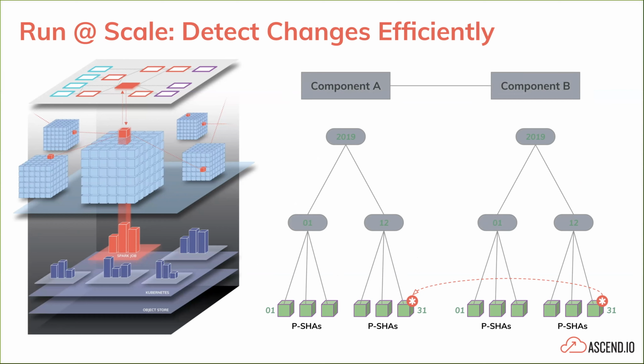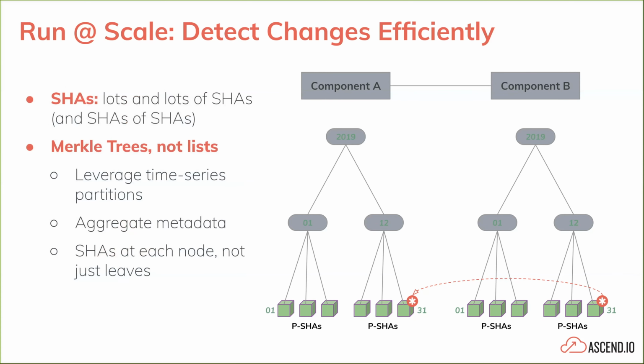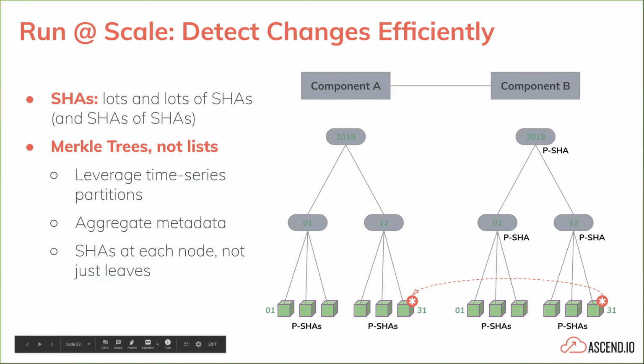And so one of the ways that we do this is by creating more SHAs. In the case of being able to leverage time series data, for example, in this component A and this downstream component B, we can see here that the partition over here has a dependency on this partition over here, and yet nothing in the whole 2019 tree has changed.